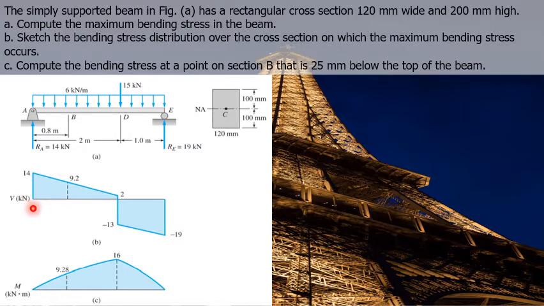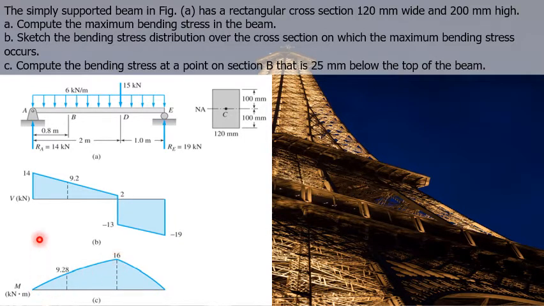You have to recall that if the graph is linear in the shear diagram, it becomes a second degree curve or a parabolic curve in the moment diagram. So this means that this linear graph will become a parabolic curve in the moment diagram. But another problem is, does the parabolic curve concave upward or downward?